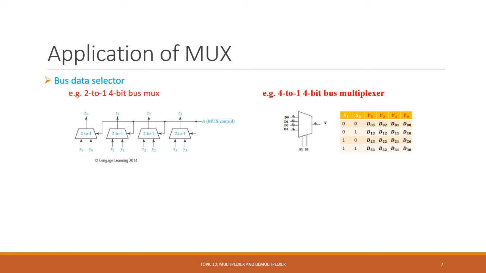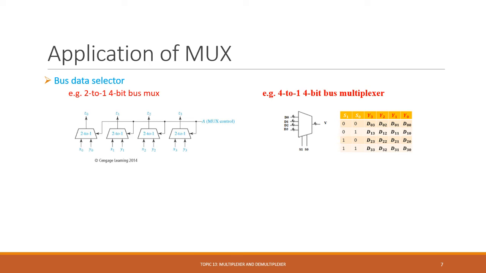So this is an example. We use four 2-to-1 muxes to realize a 4-bit bus mux, a 2-to-1 bus mux. Here you can see that the select input for the four 2-to-1 muxes is connected together, which means they always select the same data from each mux.